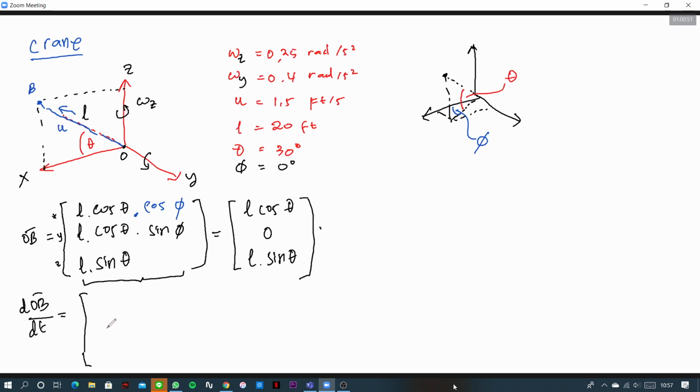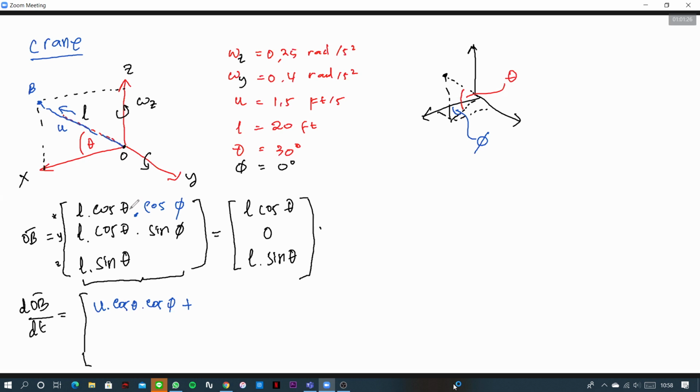You remember in the class of engineering mathematics 2, you got time derivative, partial derivative. Okay, so if L is changing with respect to time, we derive L first with respect to time. Now it becomes u cos theta and then cos phi.